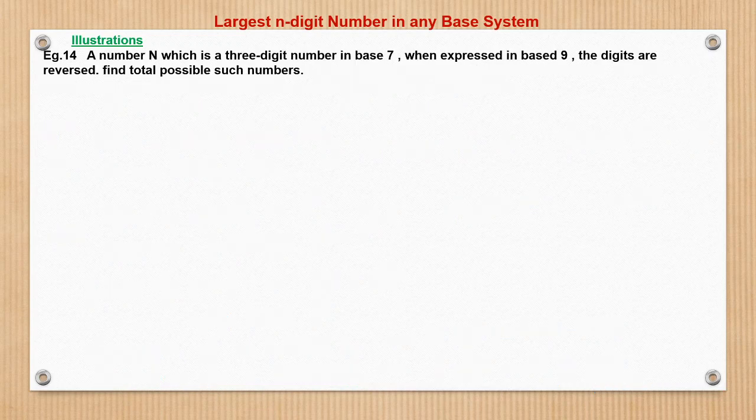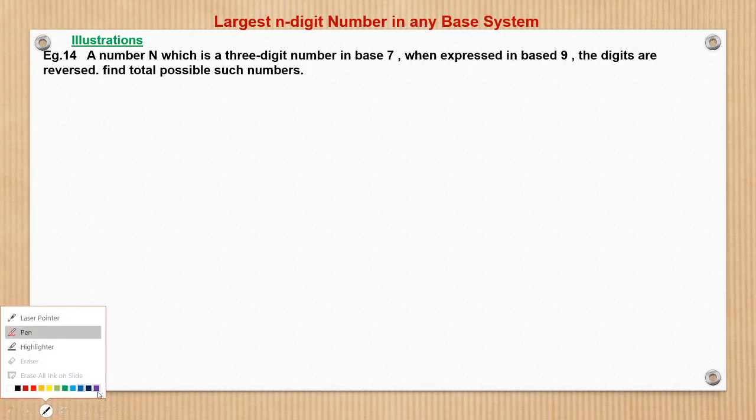Now next question is question number 14. Here it says a number n which is a 3 digit number in base 7, when expressed in base 9 the digits are reversed. Okay, so it says n is a 3 digit number ABC in base 7.